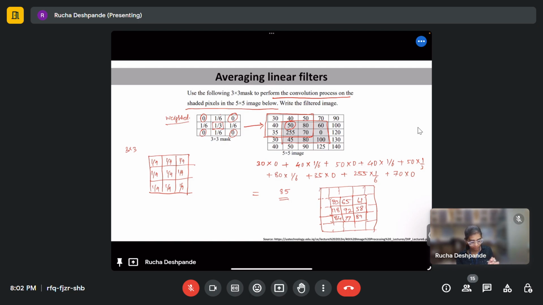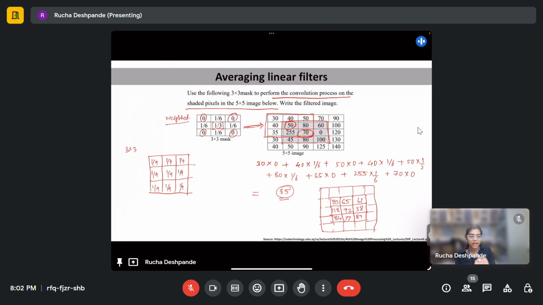Will you please tell the values of the middle pixels? Yes, the first one is 85, then subsequent values. In the middle pixels, you have written values like 85, 65. So after we apply this transformation, for this pixel we calculated, for 50, that it was around 85.